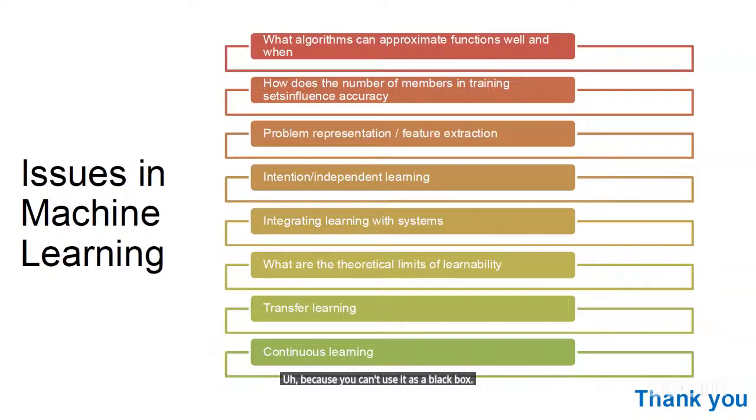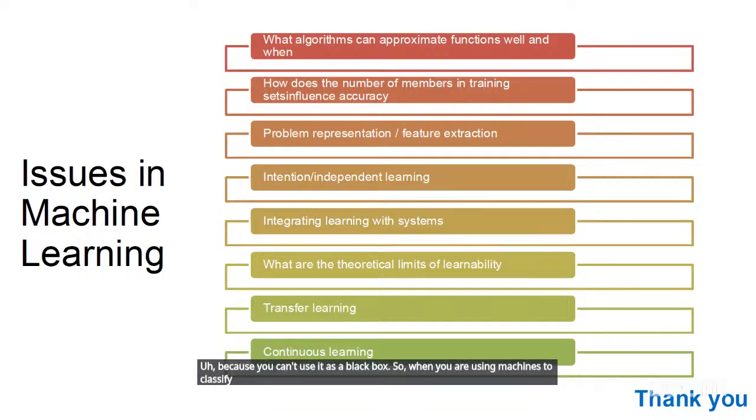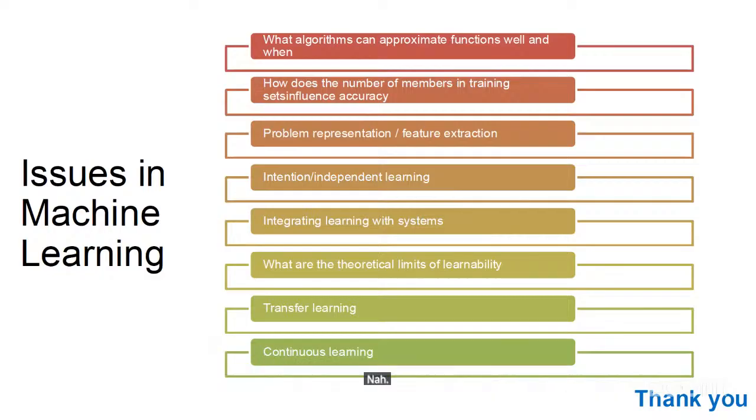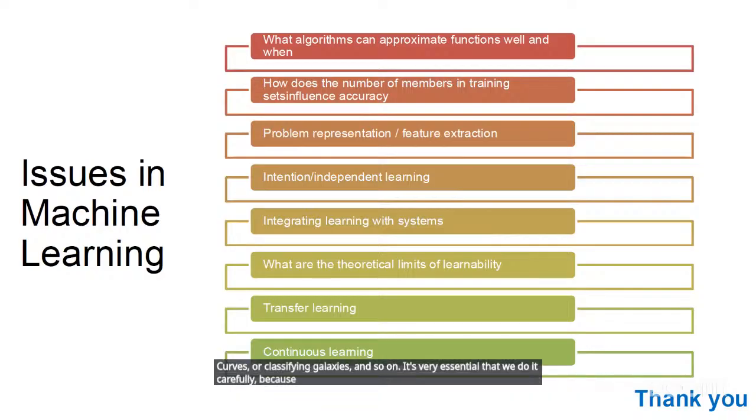When you are using machines to classify stellar spectra or eclipsing binary or variable star curves or classifying galaxies and so on, it's very essential that we do it carefully, because it can lead to tremendously wrong results if we are not careful, right? So, what are the issues? Some of them are listed here.